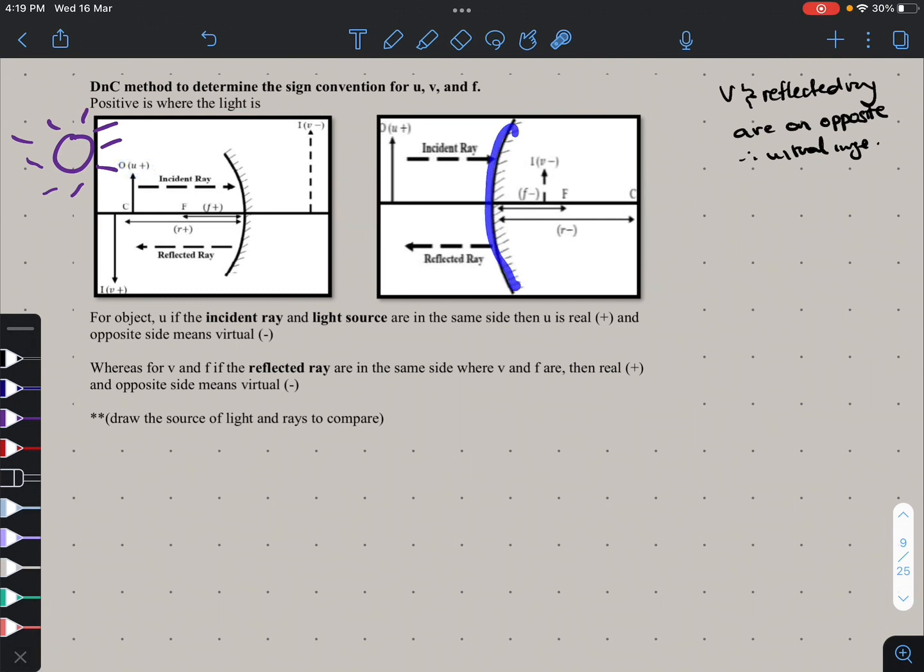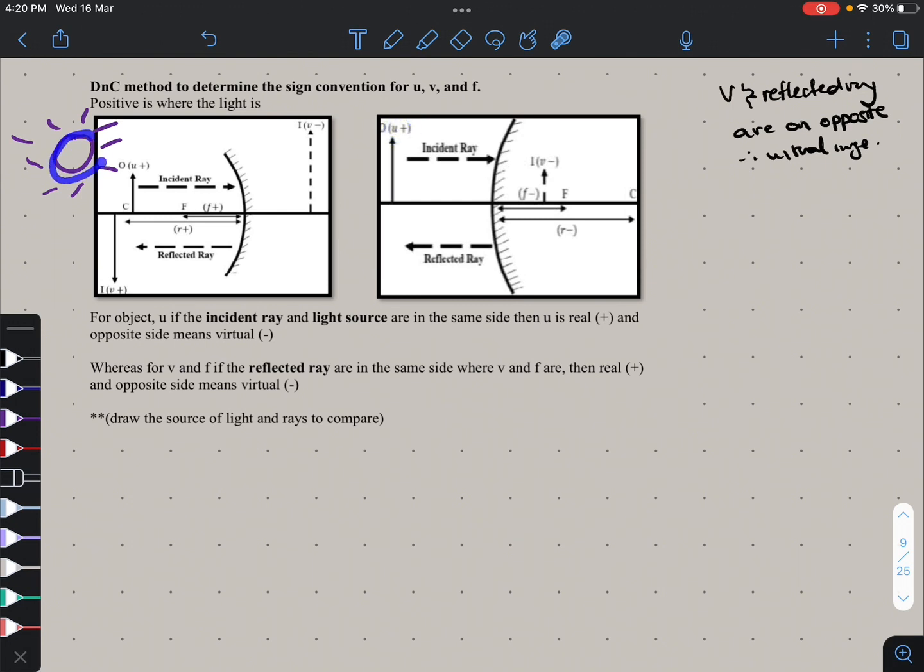Begitu juga untuk convex mirror, this is the front of the mirror, so kita akan ada light source, and this is your incident ray. Incident ray akan datang daripada mana objek duduk. Objek duduk sini, so dia akan pergi lepas cermin, so this is your incident ray. Therefore, your object here is positive, dia real object.